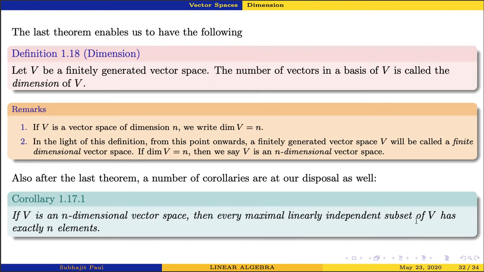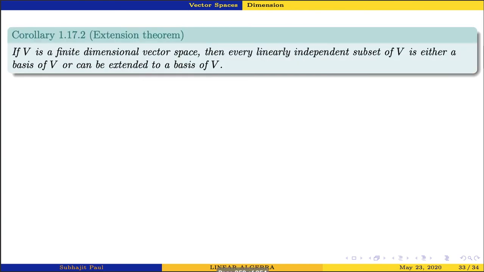A maximal linearly independent subset of V is a basis. A basis has n elements, and therefore a maximal linearly independent subset of V has exactly n elements. Extension theorem as a corollary: if V is a finite dimensional vector space, then every linearly independent subset of V is either a basis of V or can be extended to a basis of V, right?